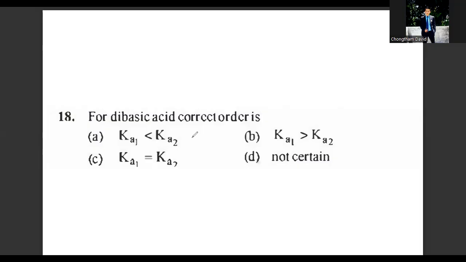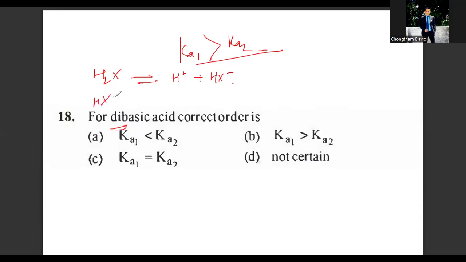That is, your dissociation constant K1 should be greater than K2. So considering these facts, since it is a dibasic acid, you should have 2 protons, and after losing this, it should look something like this. After losing a proton again, it becomes minus 2.